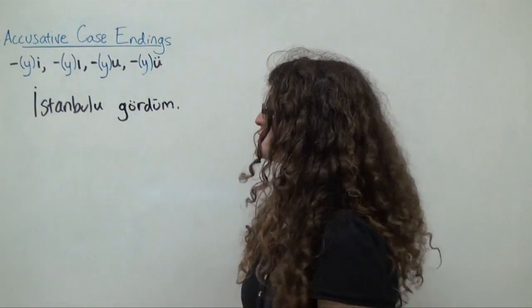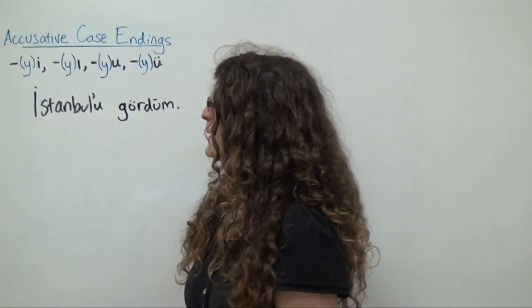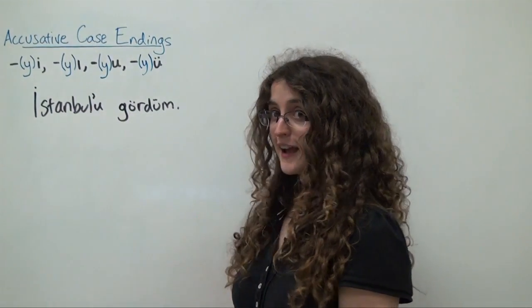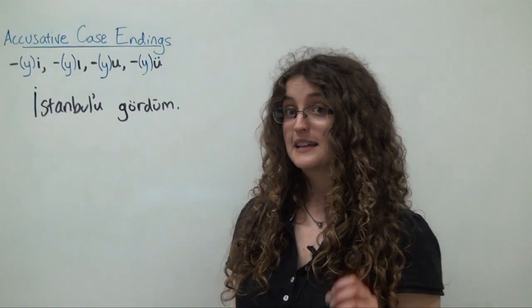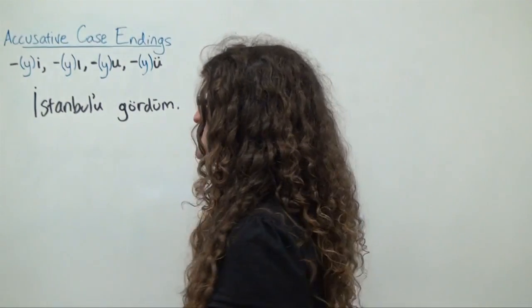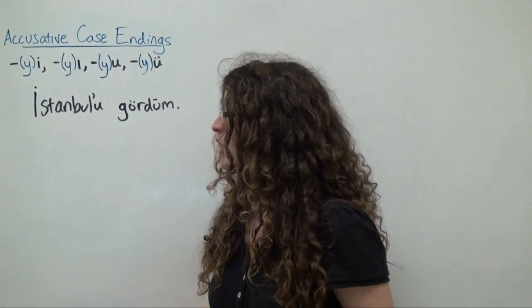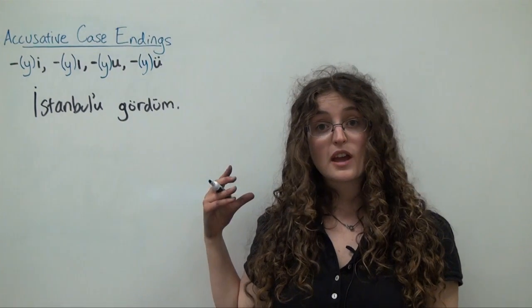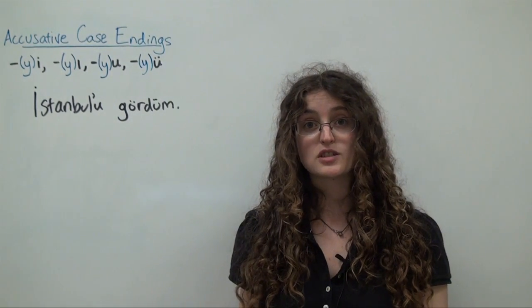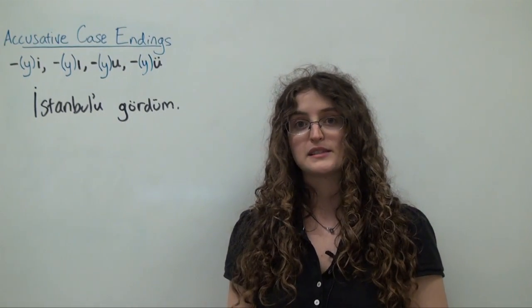But because Istanbul is a proper noun, we have to remember to insert a little apostrophe between the proper noun and the accusative case ending. Another example where the accusative case ending is required for the direct object. Any direct object which has a possessive suffix attached to it must be definite and specific.